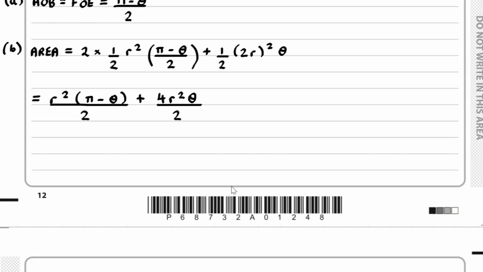And now we need to tidy all of this up. Well, let's expand. We have r squared pi over 2 minus r squared theta over 2 plus, well, here 4 divided by 2 is 2, so we have 2 r squared theta.